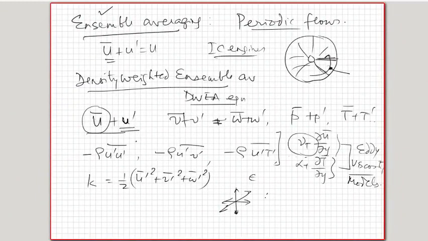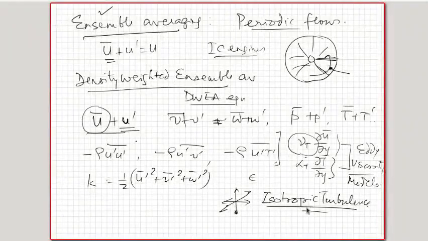So they assume isotropic turbulence. Okay, so the turbulent fluctuations are assumed to be the same in all three dimensions. So it is assumed to be isotropic. This is a very restrictive assumption, because most turbulent flows are not isotropic.